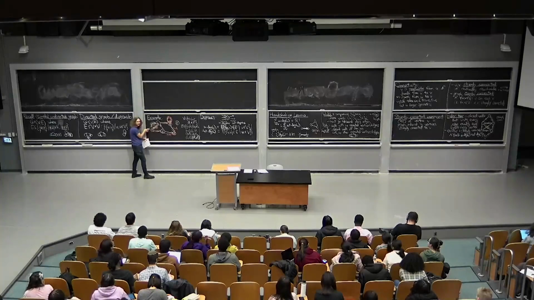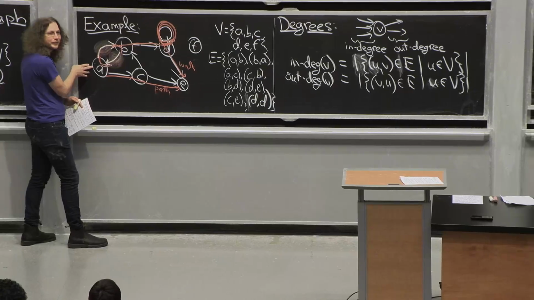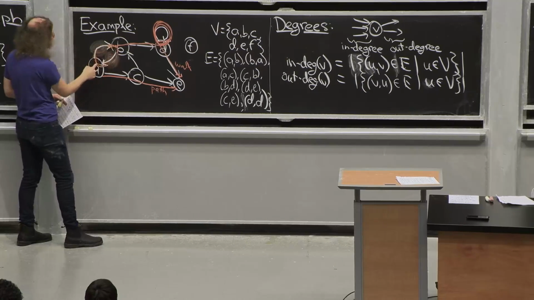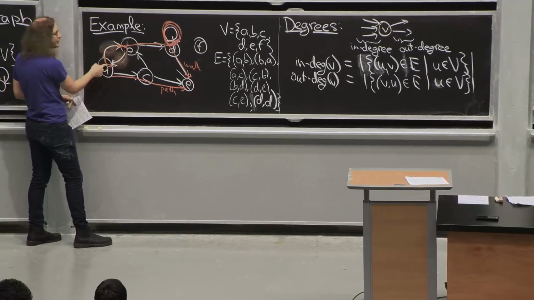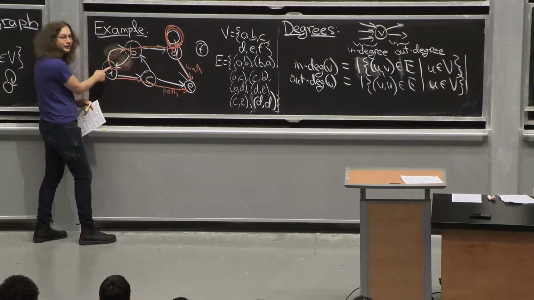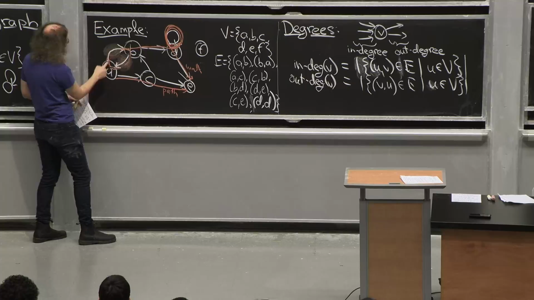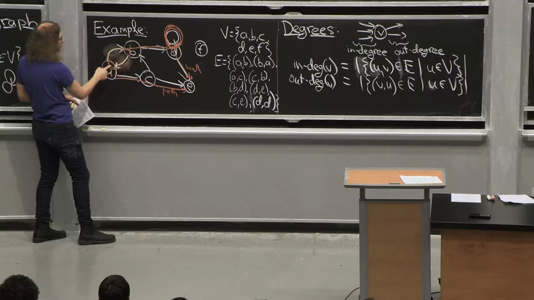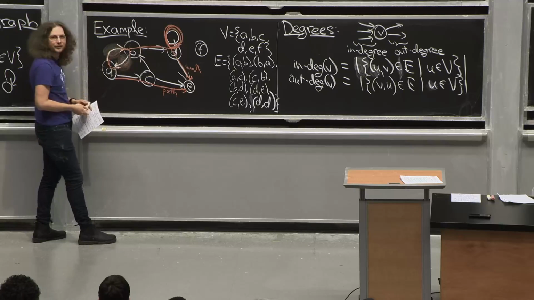Shout them out. B. I can definitely get to B, and B can get back to A. C. I can get from A to C this way, and C can get to A via B. Anything else?